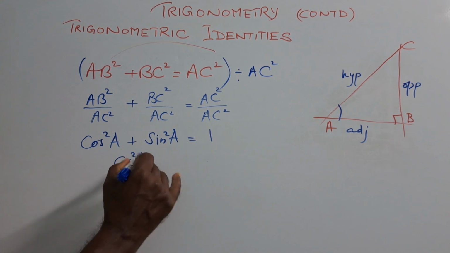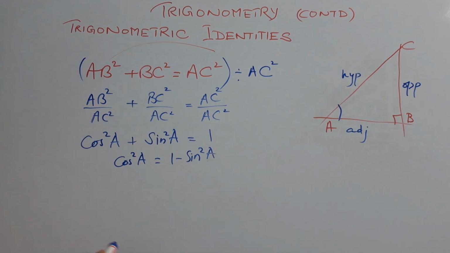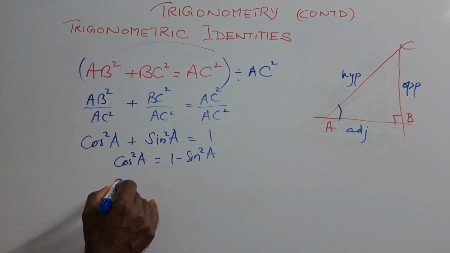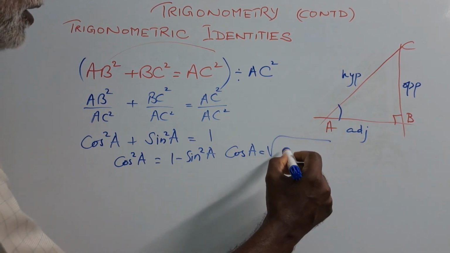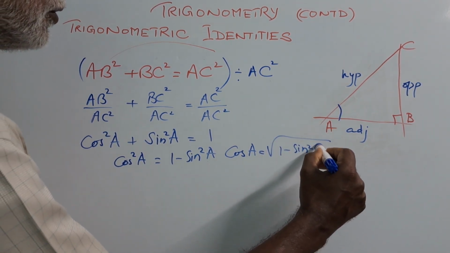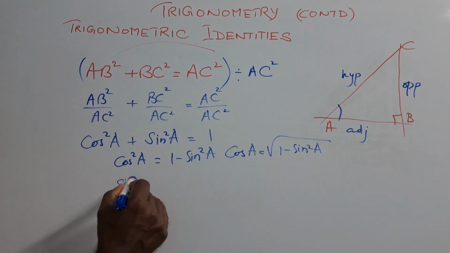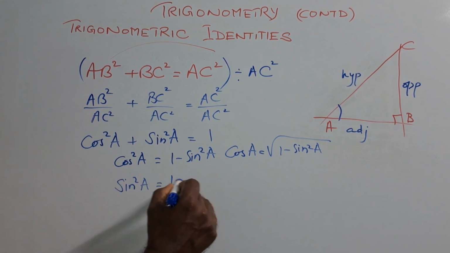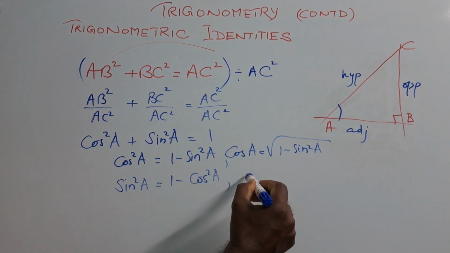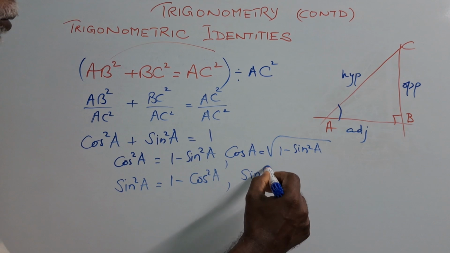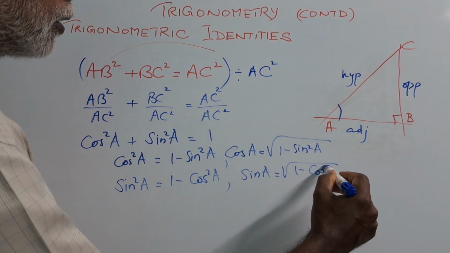Cos square A is equal to 1 minus sine square A. Similarly, cos A is equal to root of 1 minus sine square A. Sine square A is equal to 1 minus cos square A, and sin A is equal to root of 1 minus cos square A.